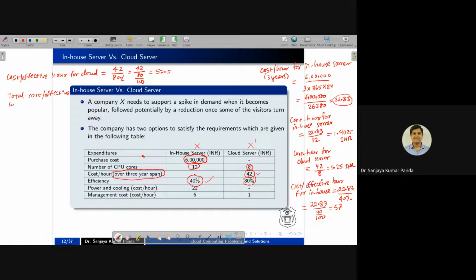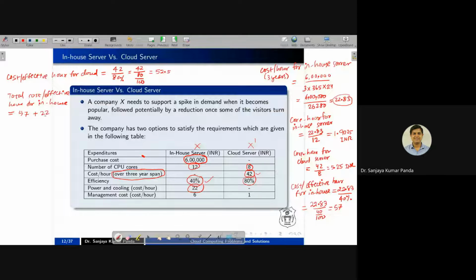effective hour for in-house, it is equal to how much you got in the in-house case. If you are getting 57 plus decimal points, you write it. 57 plus what is the power and cooling cost? 22.